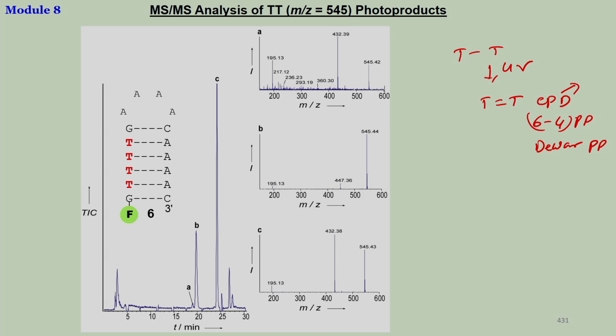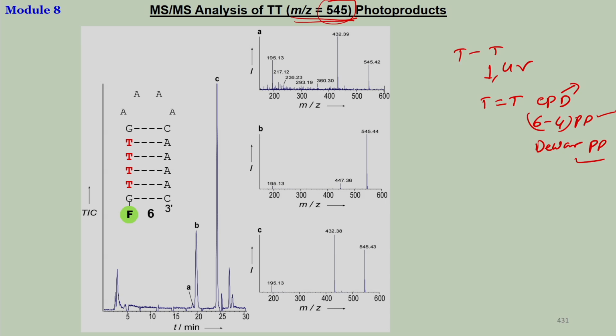So, now the question is, how would you know whether the molecule you have isolated is the 6,4 photoproduct or the Dewar, or whether it is the trans-syn CPD or the cis-syn CPD? We analyzed that using the MSMS technique, and here we selected 545 as the mass.